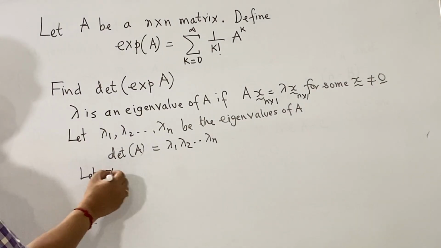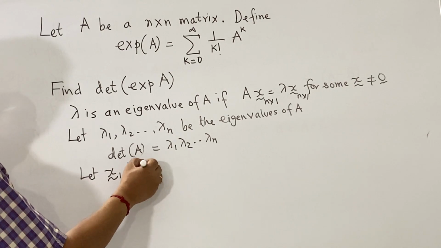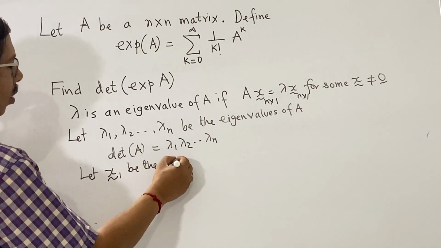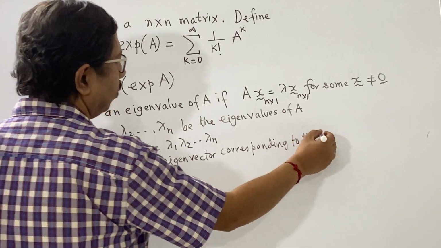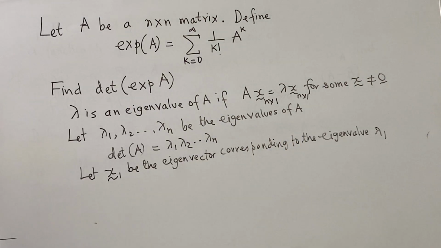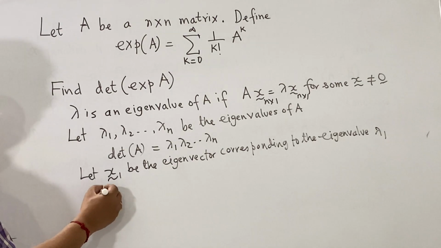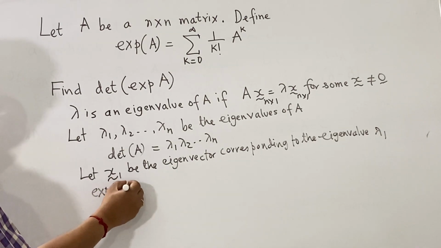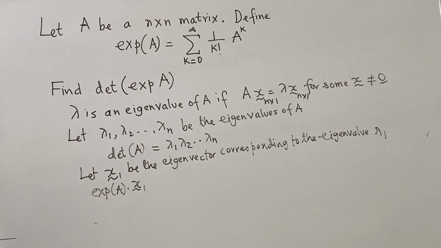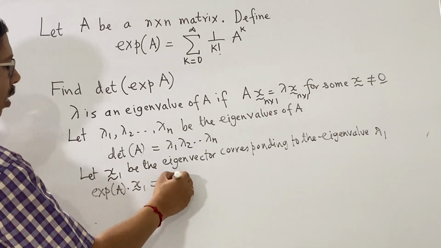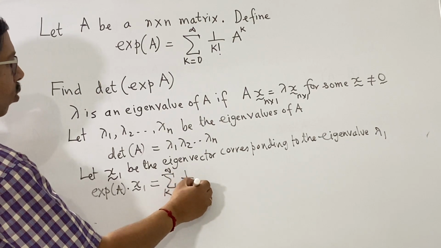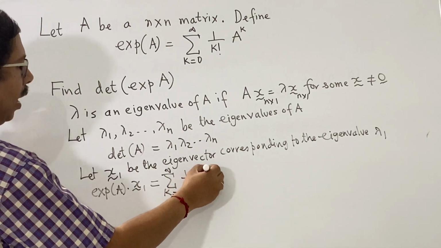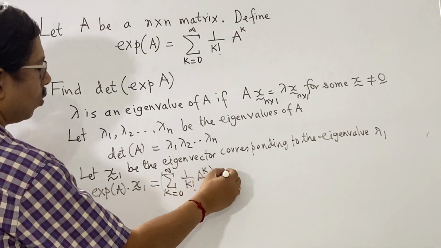Let x1 be the eigenvector corresponding to the eigenvalue lambda 1. Now, if we are looking at exponential A into x1, we have the summation k equal to 0 to infinity, 1 by k factorial, A power k into x1.